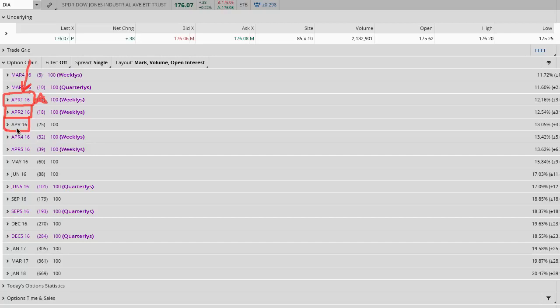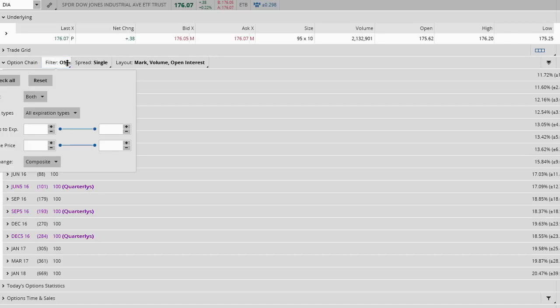There won't ever be a 3rd weekly contract because those are always designated by the monthly contracts. But then you can see there's APR 4 and APR 5, which means that these weekly options expire the 4th Friday and the 5th Friday of April, okay? So that's what that little extra tag means. Again, it seems really complicated on the outside, but it's actually incredibly easy if you know exactly what to look for, okay?